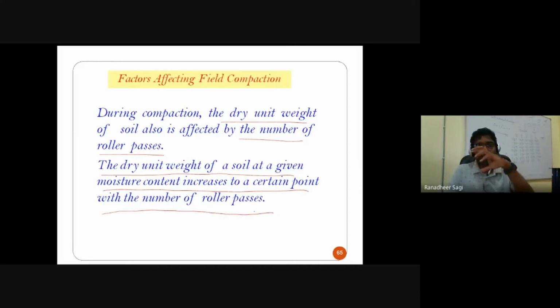For some water content, the optimum moisture content is what we try to add to the soil in order to achieve the maximum dry density. So for achieving the best maximum dry density, it depends on the number of times you roll your roller, and accordingly you get the maximum dry density or maximum unit weight for that particular soil.